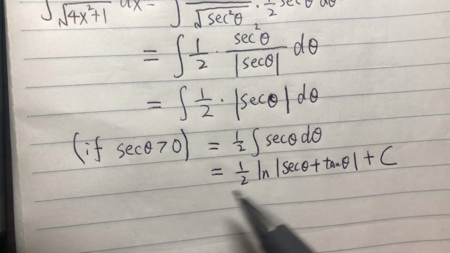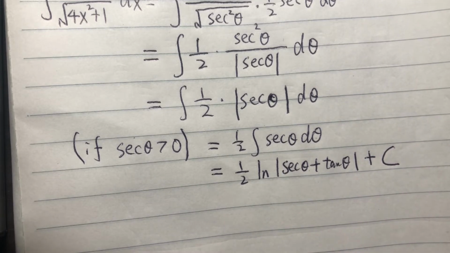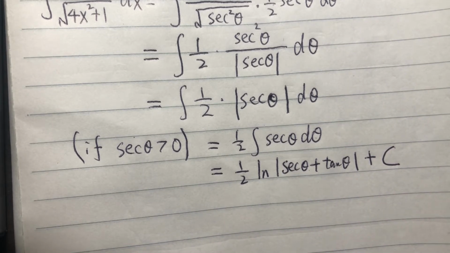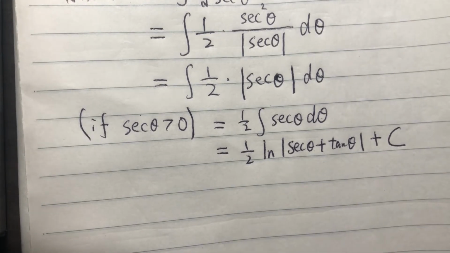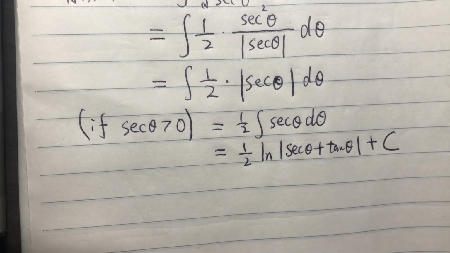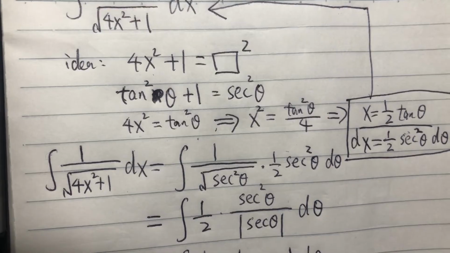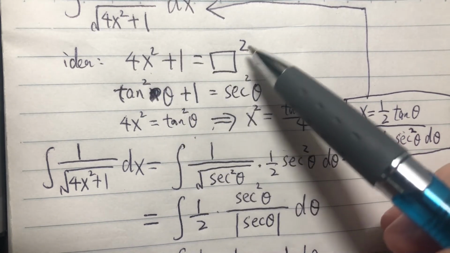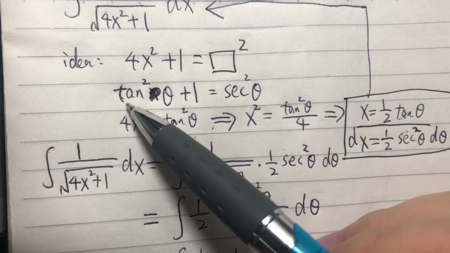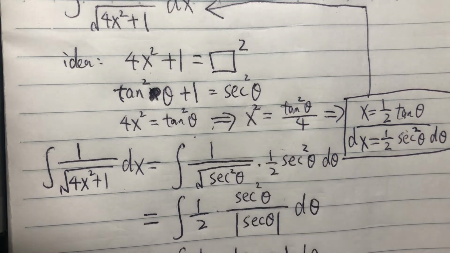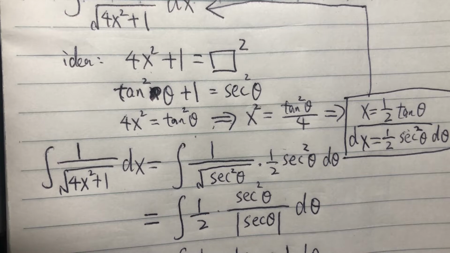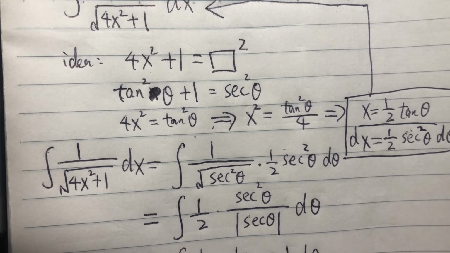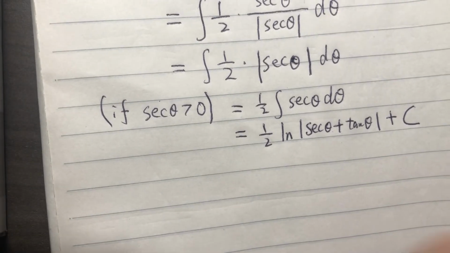If this one is negative, you need a negative sign. Okay, so because this is plus 1, something squared plus 1, we should use tangent theta squared plus 1 equals secant theta squared. Okay, let's move on to the next problem.